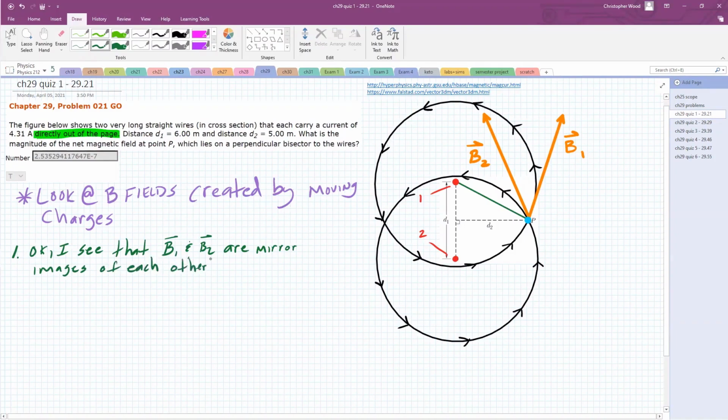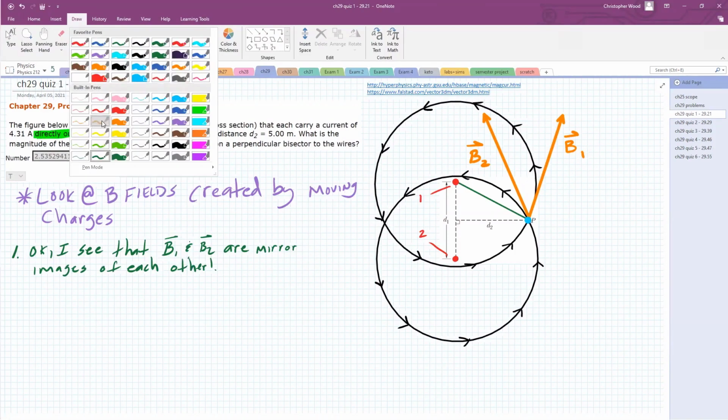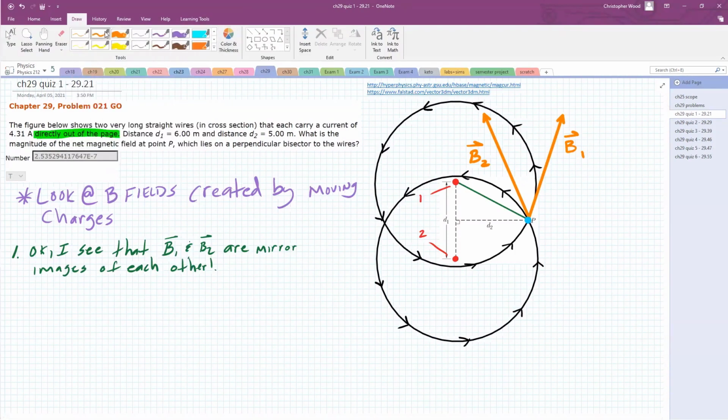Which probably means I should have done this before anything, but I'll do it now. Let's decompose B1. Here's the x component for B1. Fine. Here's the y component for B1. Here's the x component for B2. Here's the y component for B2.